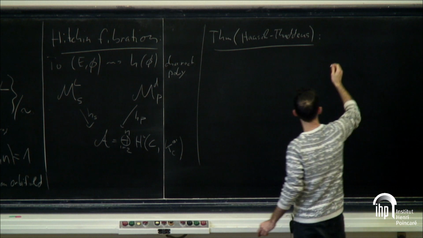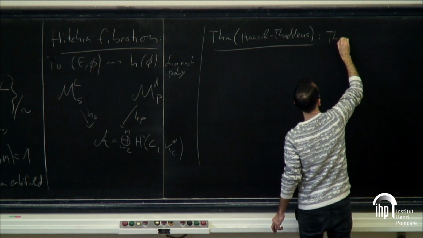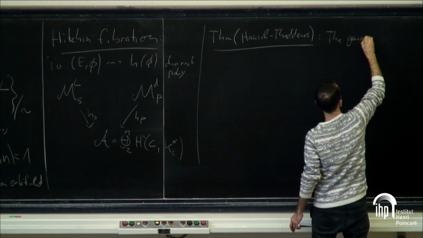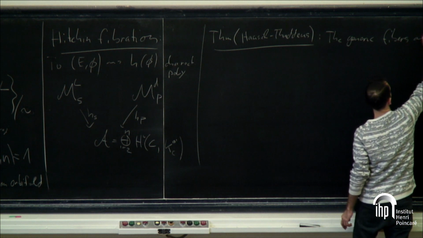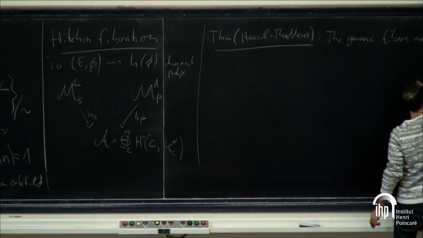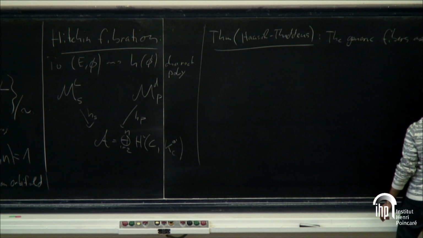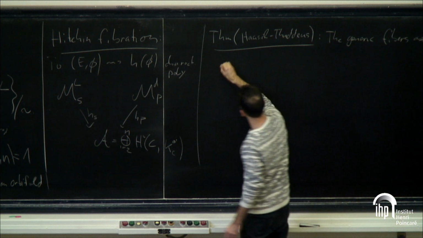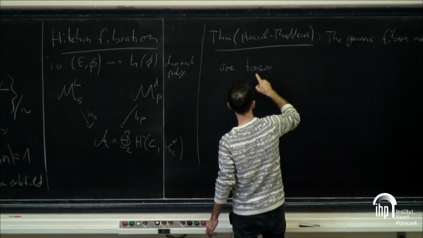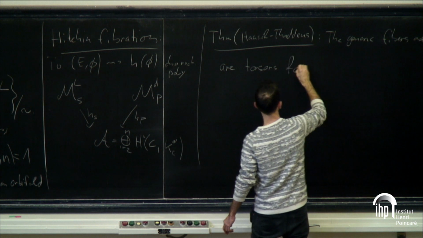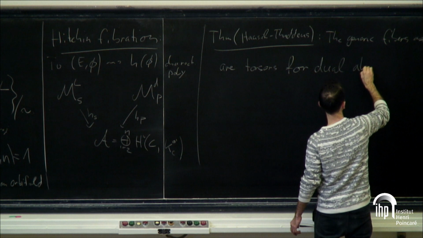They say that the generic fibers of H_S and H_P are torsors, and here's the duality, for dual abelian varieties.